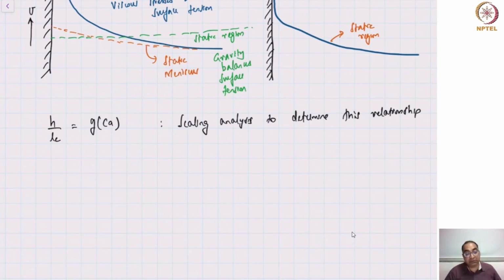Therefore, I will be sacrificing rigor and focus on the key elements of this analysis, and then for students who are keen on understanding this Landau-Levich flow systematically, there are several excellent sources such as Gary Leal's book, which describes this problem, and one can look at other sources in matched asymptotic expansions where this problem is derived in detail.